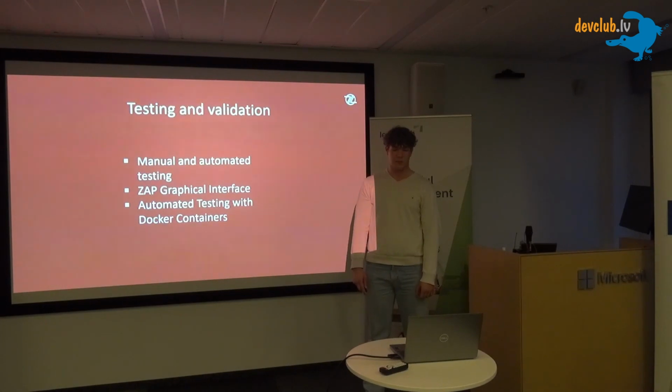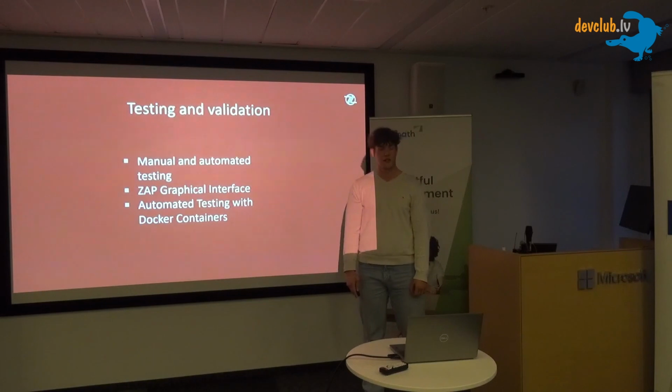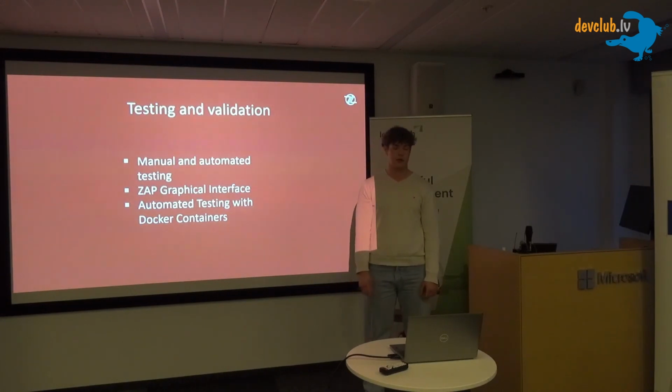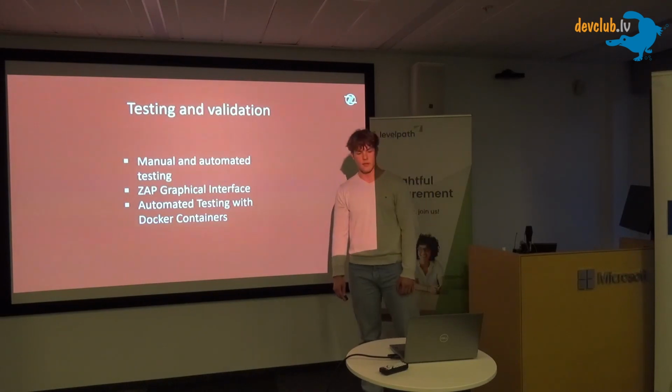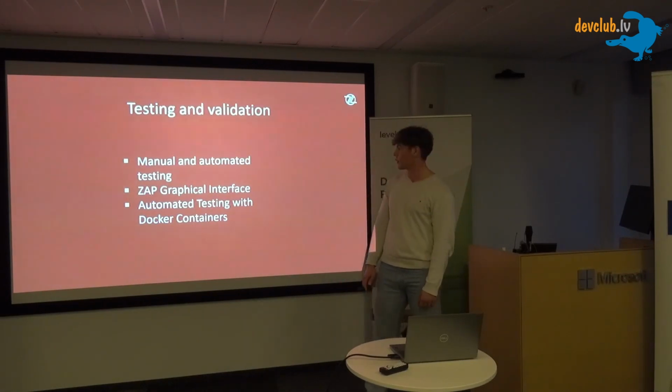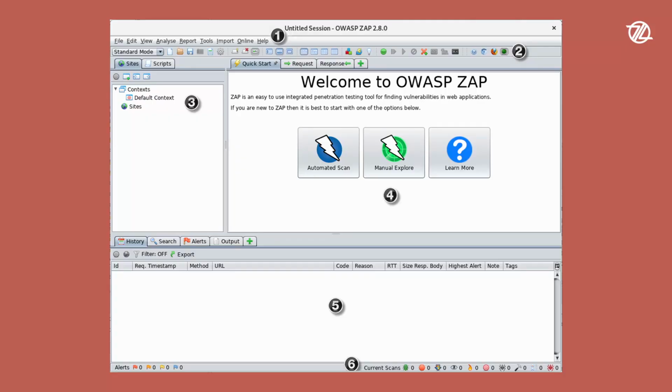And we used that to configure ZAP for the initial testing, so we could validate if the authentication works and if we configured everything correctly. And throughout this GUI, we configured the scripts, the scanning parameters, etc. And here's a little picture of how the GUI looks.